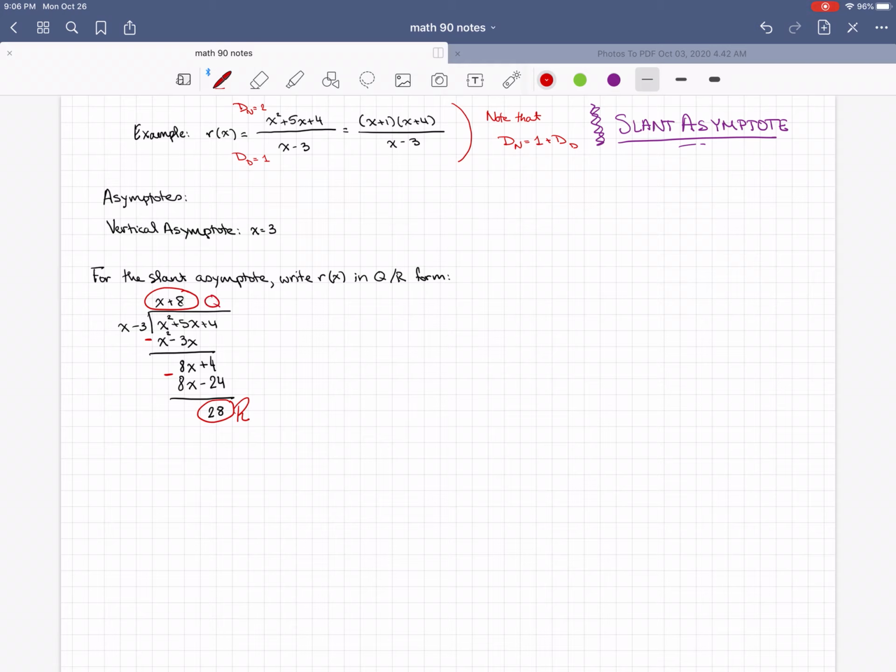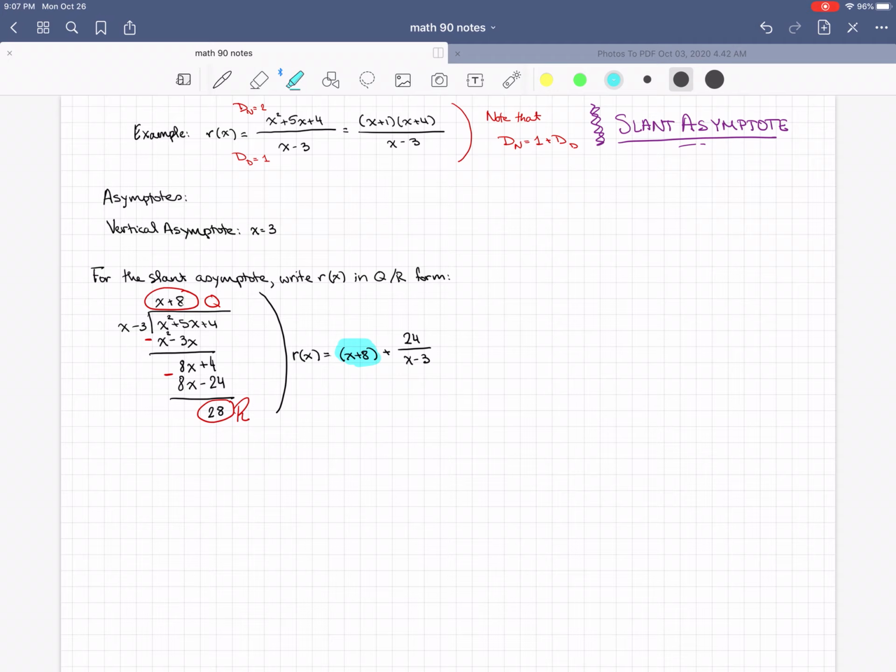So I can use this process to say that my function r of x is x plus 8 plus 24 over x minus 3. And this is my slant asymptote.